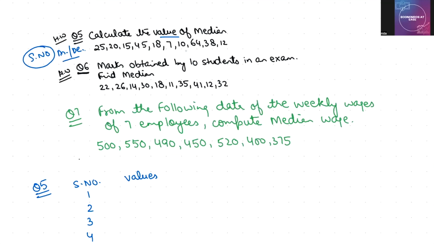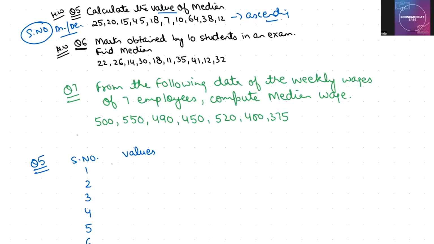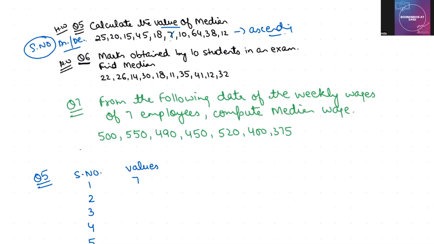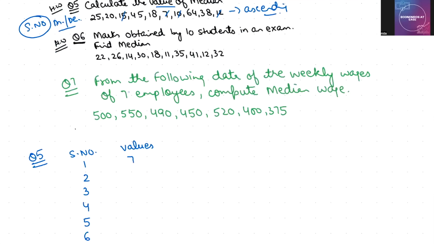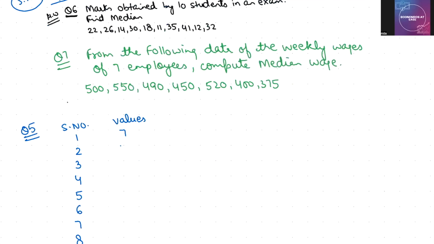So what will we do first? We are going to arrange it in ascending order. It would be easy for us, right? So what will come in ascending order? 7, then 10, 12, 15, then 18, 20.